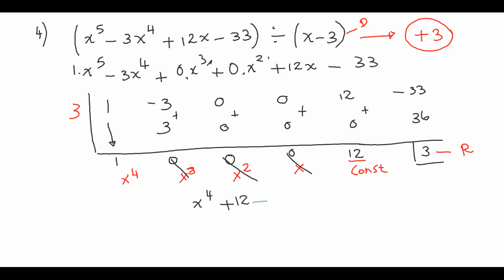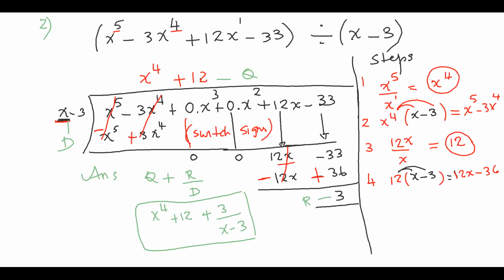So I will show you the same problem. We have done this one before. Do you remember this one? See, this is exactly what we did before. This is the quotient we got, and this is the remainder we got.